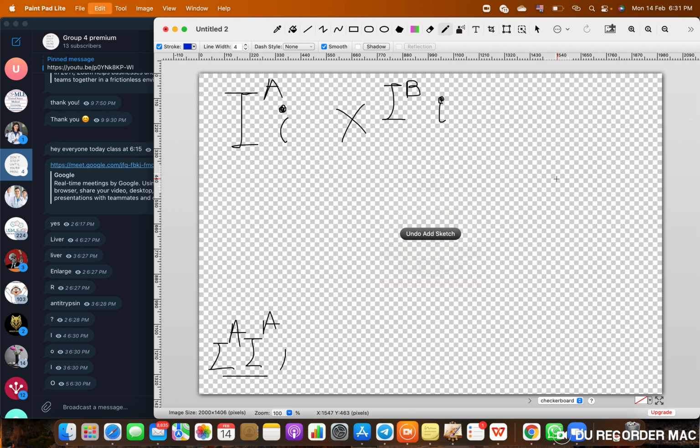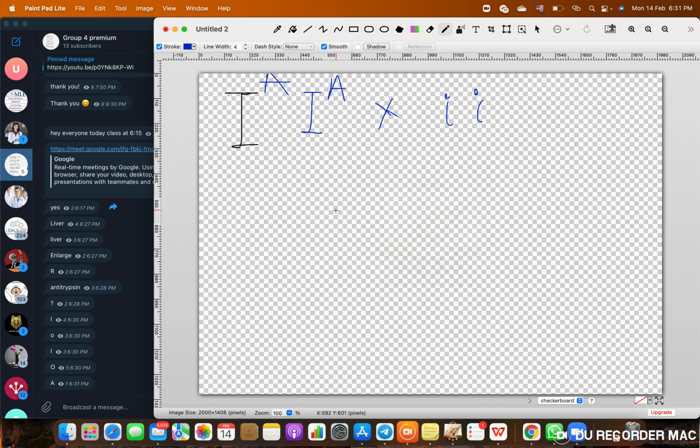If you get a question, yep. So if the father is blood group A, and the mother is blood group O, can the child be blood group AB?